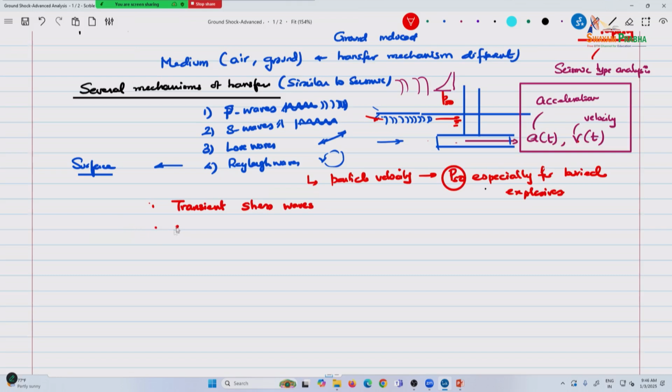Before that, let me mention, especially for buried explosives, there is always a coupling between the ground and the explosive for partially or fully buried explosive.